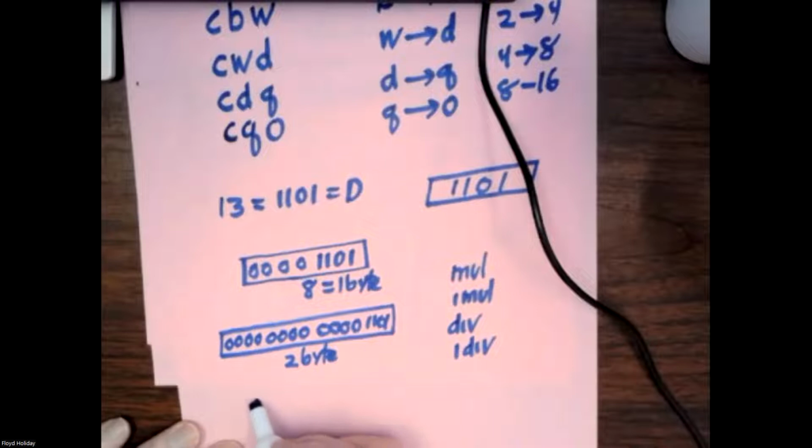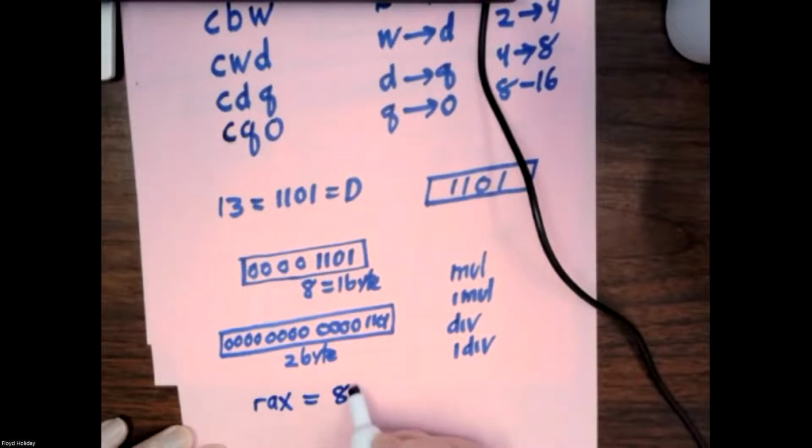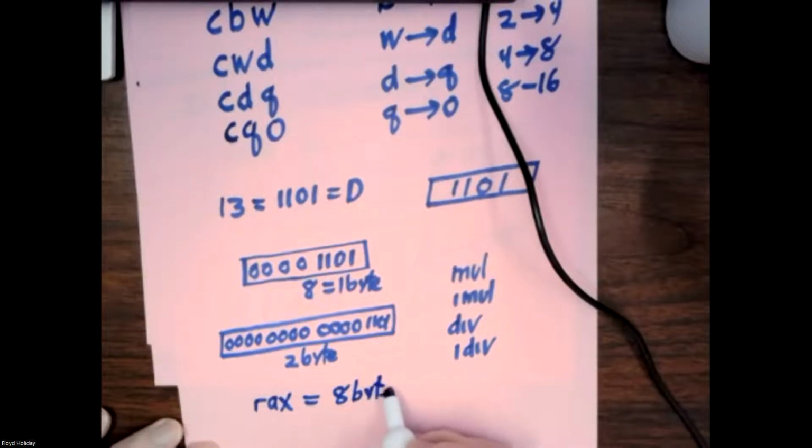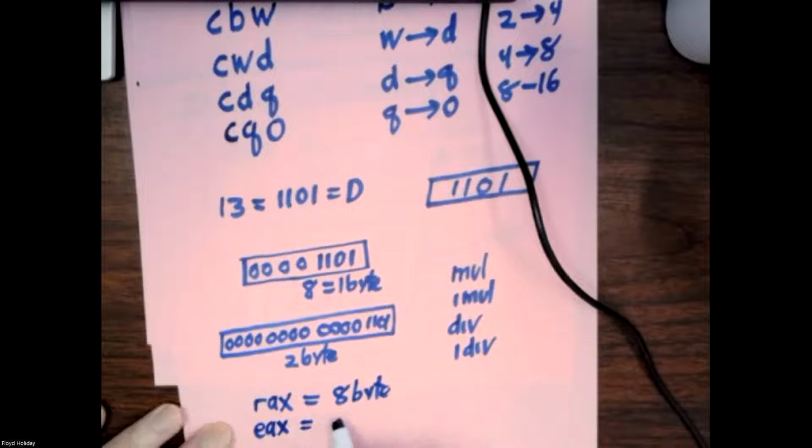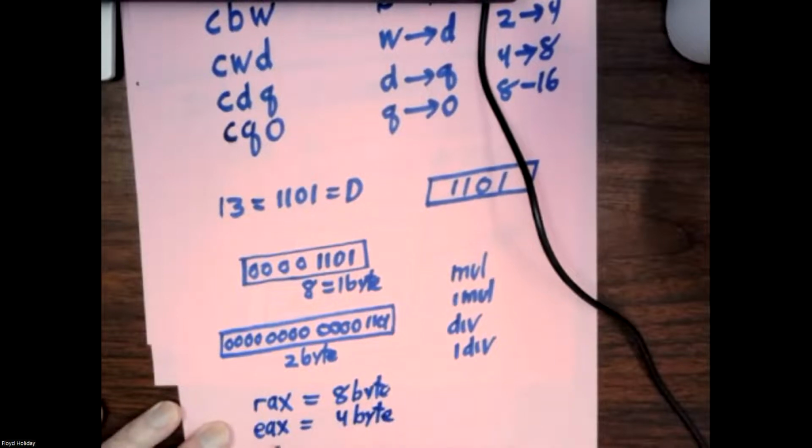Okay, here's the history of RAX. RAX is 8 bytes. EAX is 4 bytes. AX alone is 2 bytes. Oh, I know what they did.